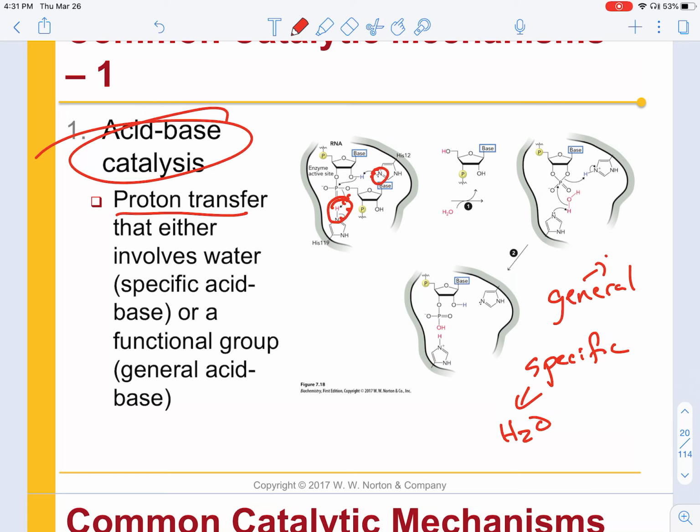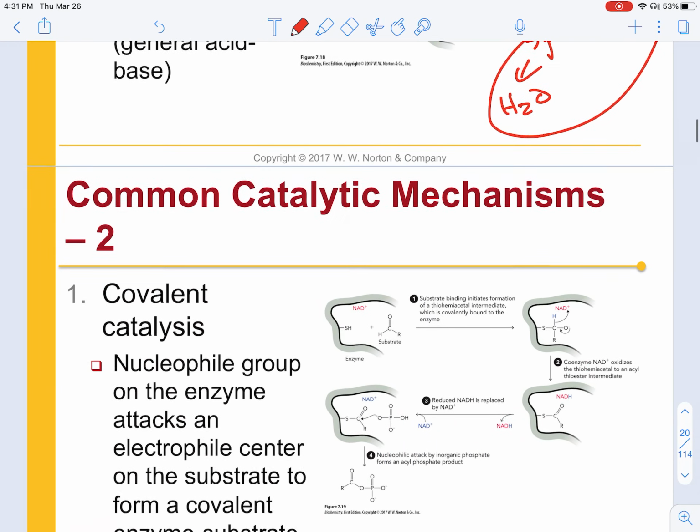General is basically everything else. So if the acid is an amino acid or the base is an amino acid, it's general acid-base catalysis. If it's specific, it always involves water. We're going to see later on when we look at chymotrypsin that it uses both general and specific acid-base catalysis for it to do what it does.